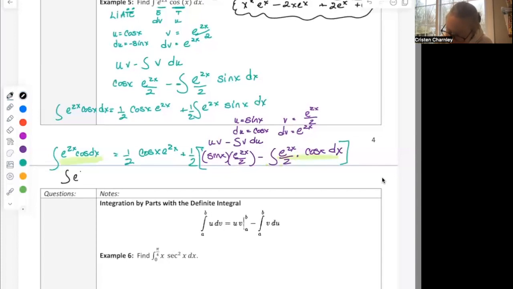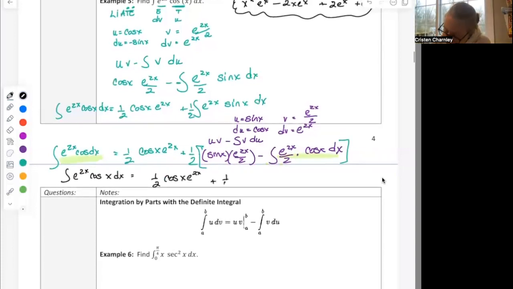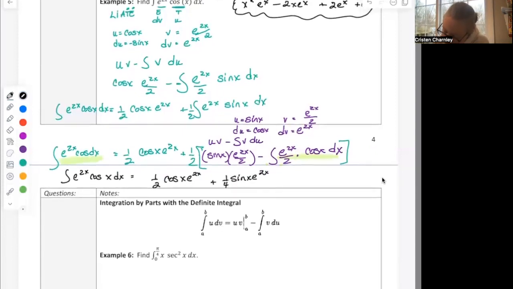So if this is the integral of e to the 2x cosine of x dx equals 1/2 cosine of x e to the 2x plus 1/4 sine of x e to the 2x minus 1/4 integral e to the 2x cosine of x dx. Okay. And there is a plus c up there that can just hang out.